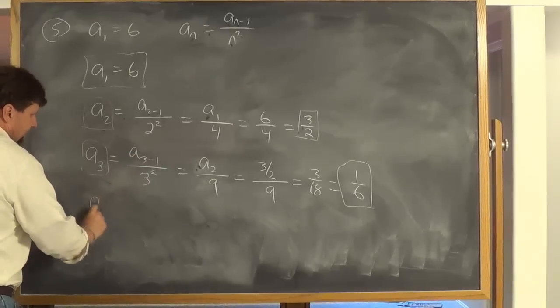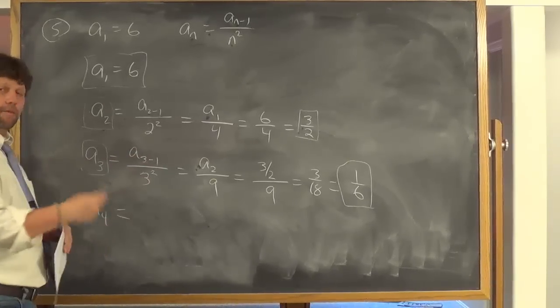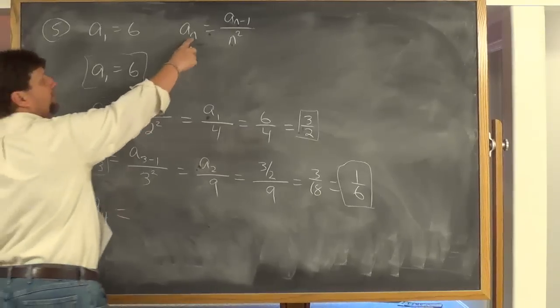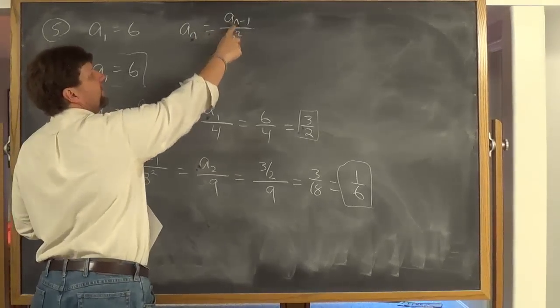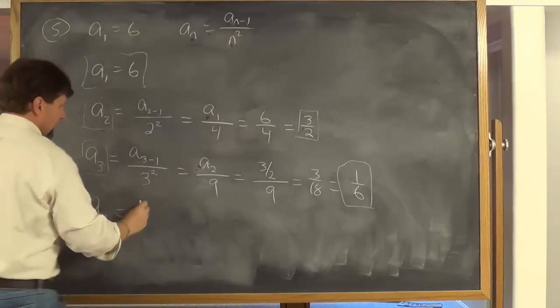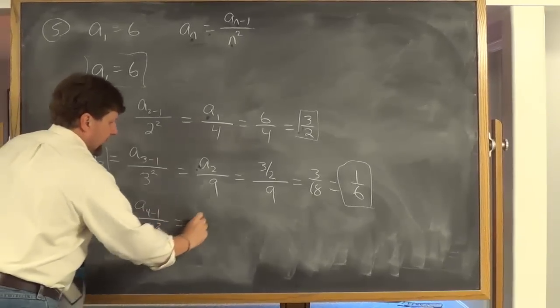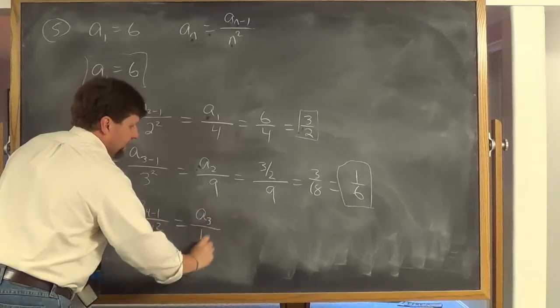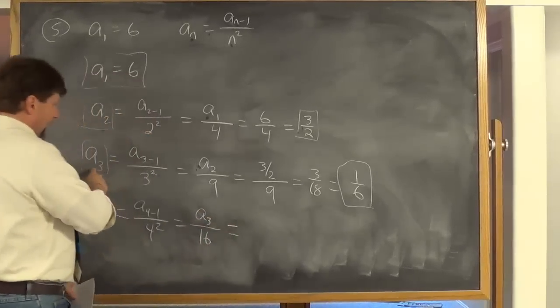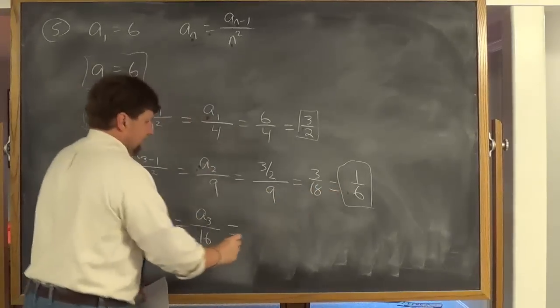And finally, a sub 4, and you see the process now. I'm going to put a 4 in here for n, put a 4 in here for n, put a 4 in there for n. So I have a sub 4 minus 1 over 4 squared. That's a sub 3 over 16. A sub 3 is 1/6.